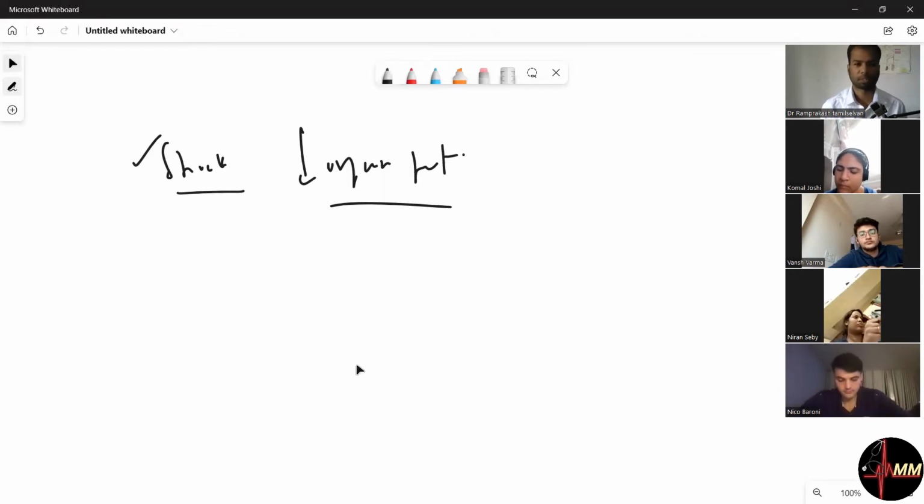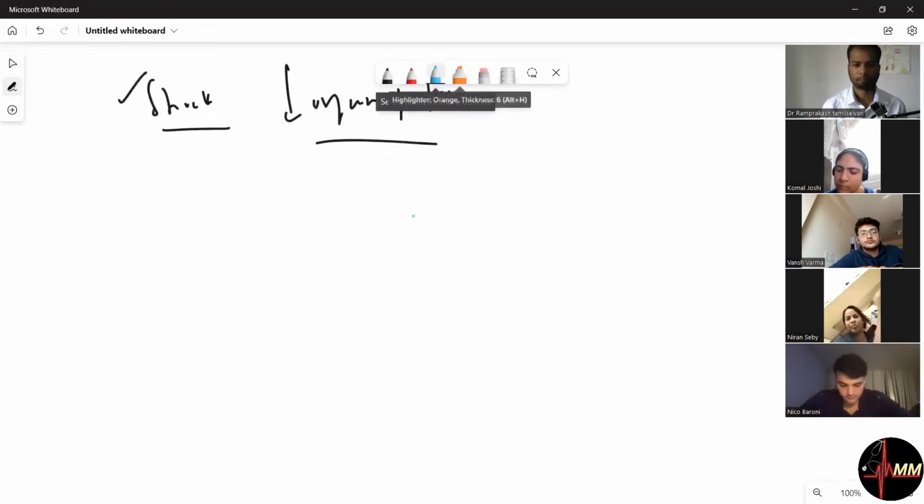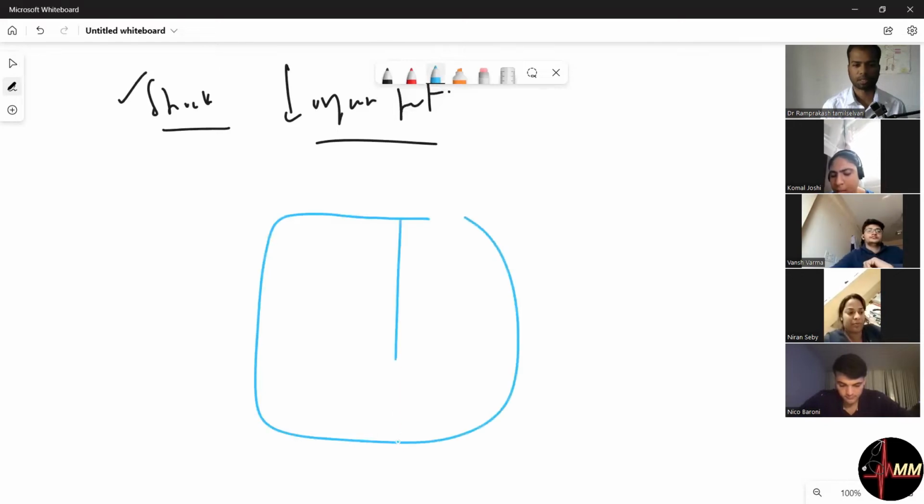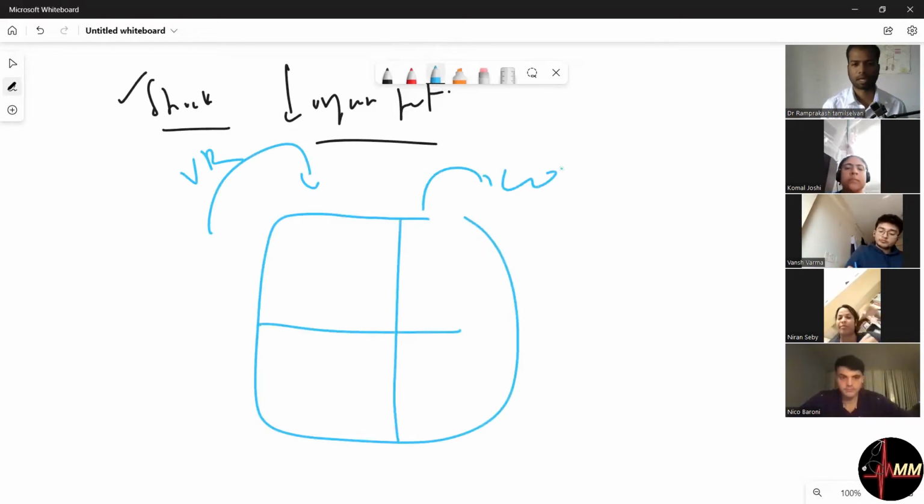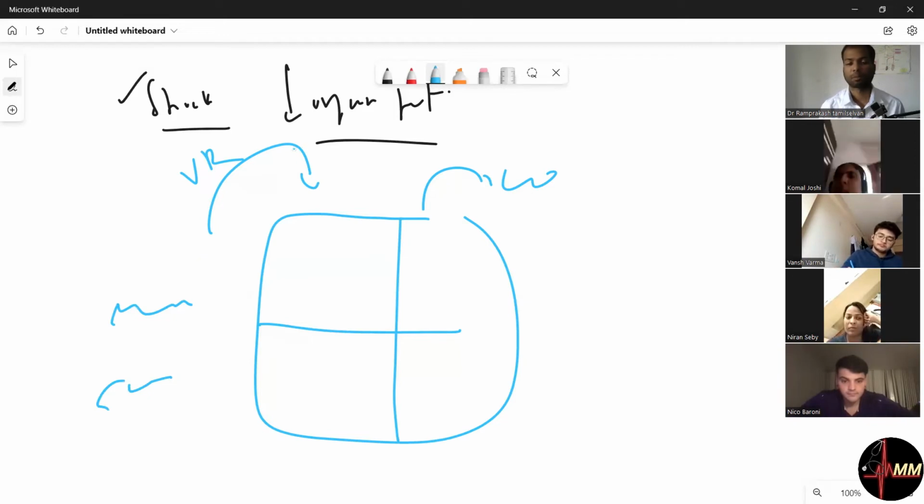Okay, let me give you some simple tips to understand shock. Here is a heart and here is the venous return. And here is the cardiac output. Now, any problem with the venous return, for example hemorrhage, a road traffic accident, internal bleeding after surgery. In any type of hemorrhage the patient is going to lose blood, so the preload is going to be very low.